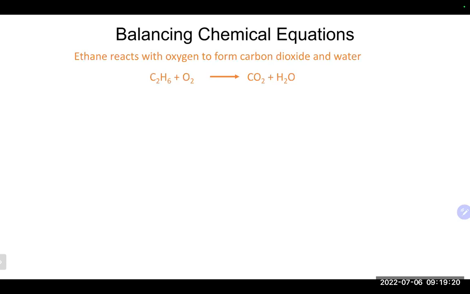So we're going to talk about, again, the steps to balance a chemical equation. And really the first thing you want to do is make sure that you write all the formulas correctly. Sometimes people, when they are going to balance equations, do one thing that is really bad: they try to write formulas and also balance the equation at the same time.